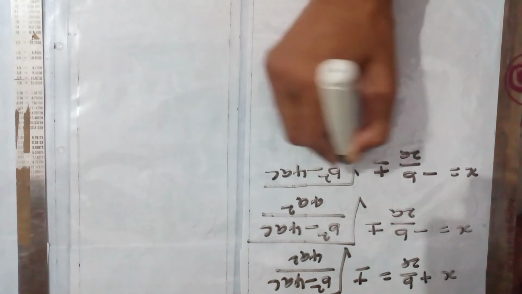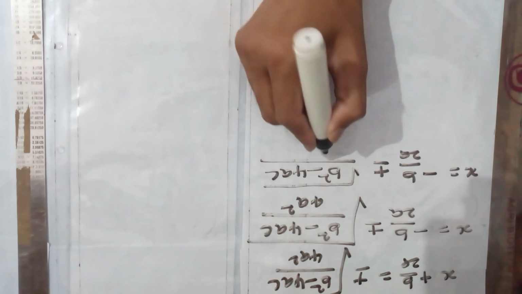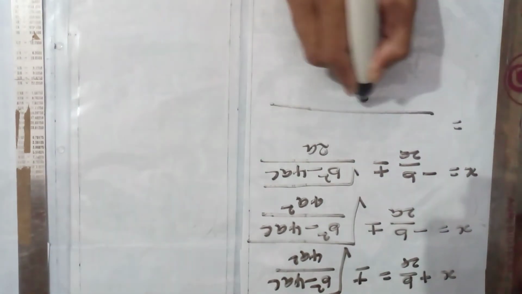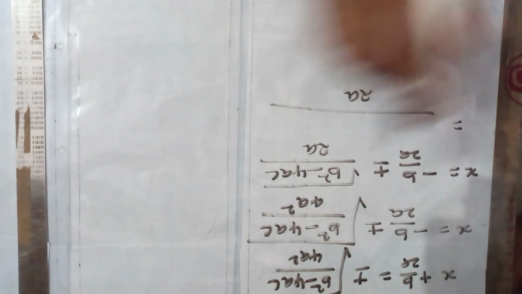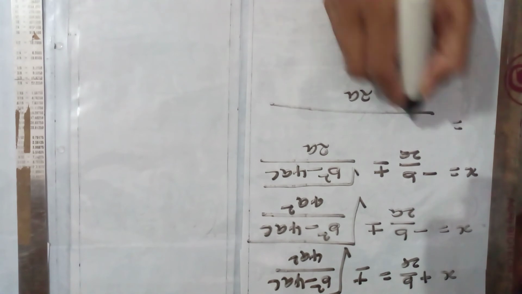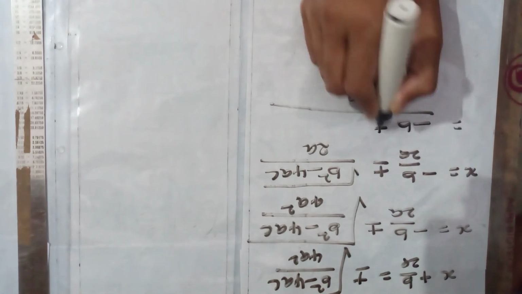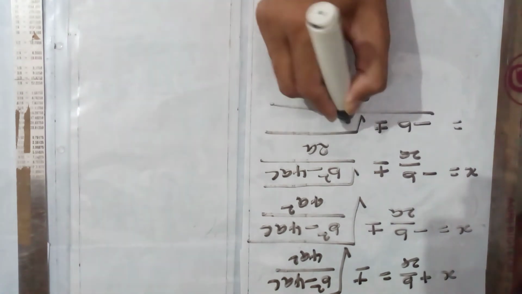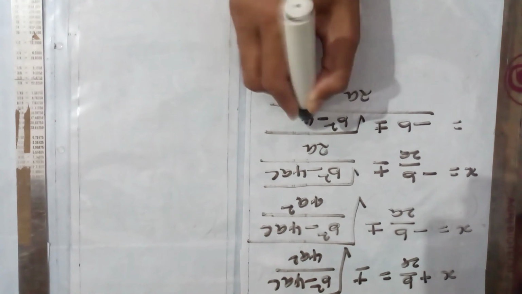Therefore, square root of b square minus 4ac, and the square root of 4a square is nothing but 2a. Now, the LCM is common, so the fractions are called like fractions. So the denominator you will write the same, then the numerator is minus b plus or minus under root b square minus 4ac.